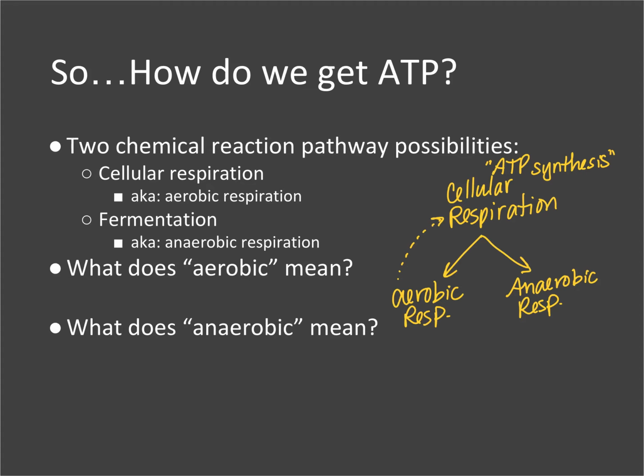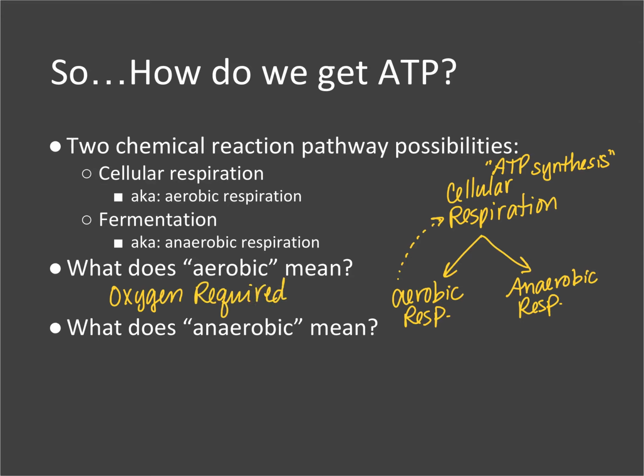So if we look at these two chemical pathways over here, the key difference is aerobic and anaerobic. And so we need to look at what these terms mean. Aerobic just means that oxygen is required in order for it to happen.